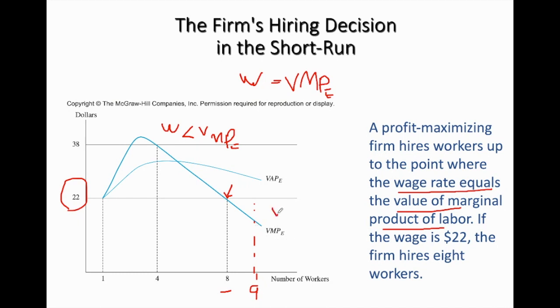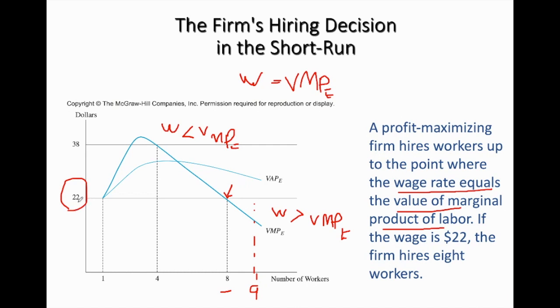We can rewrite that where W, wage rate, now is more than the value of marginal product of worker. So what happened in this case is the cost of hiring this additional unit of worker exceeds the revenue brought by this worker. So we should not go beyond 8 workers. Hiring up until 8 workers is the optimal number of employment the firm should consider, given the wage rate $22.